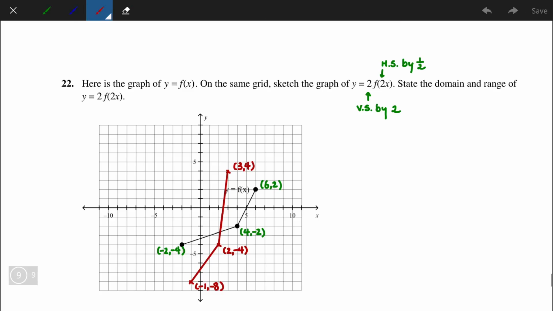Okay, so the domain and range of this new function would be going from -1 to +3, and then the range would be going from -8 to +4.